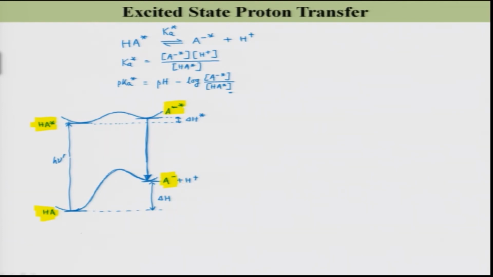Now, from this diagram I can easily write two things. One is delta H star plus H nu prime, right, and that also has to be multiplied by the Avogadro number.